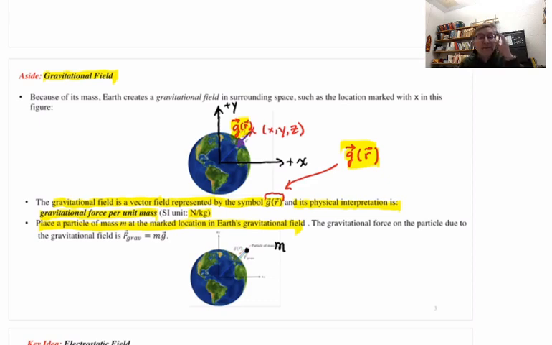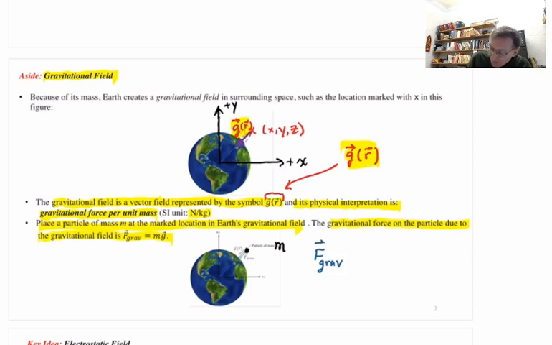If I know the gravitational field, g arrow, at that point, and I do from the previous step, then it's easy to get the gravitational force on that pet particle due to the gravitational field. F grav arrow, as we would have called it last semester.